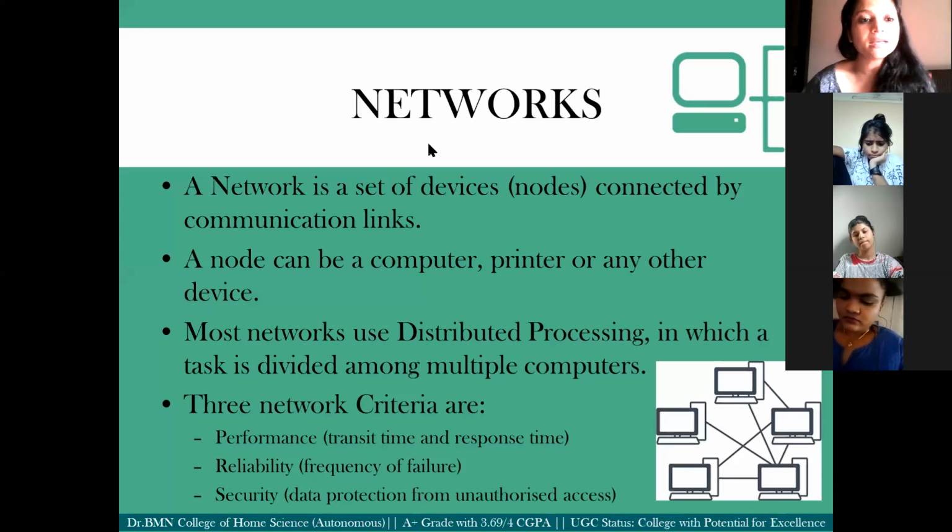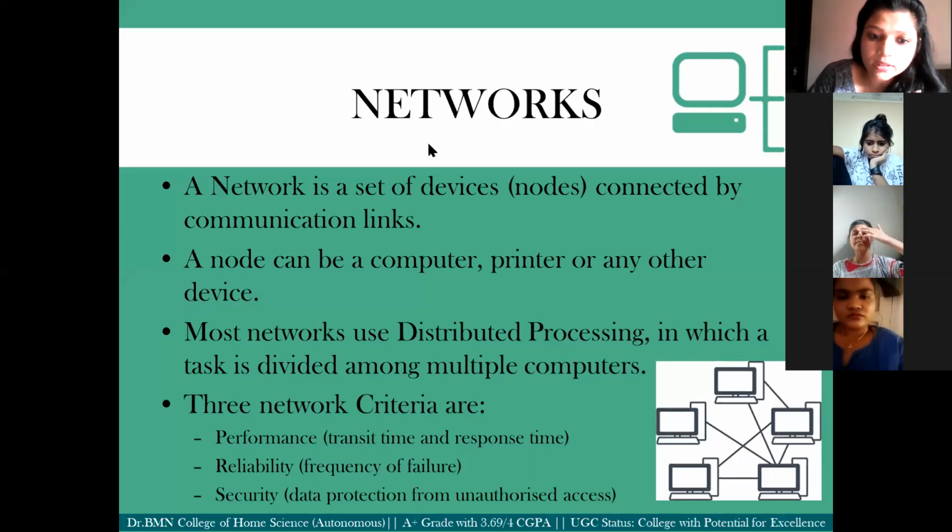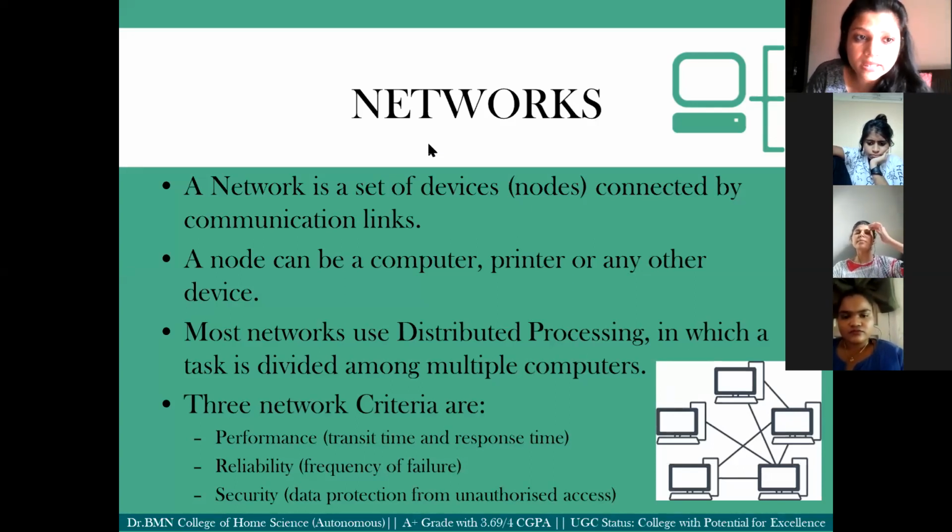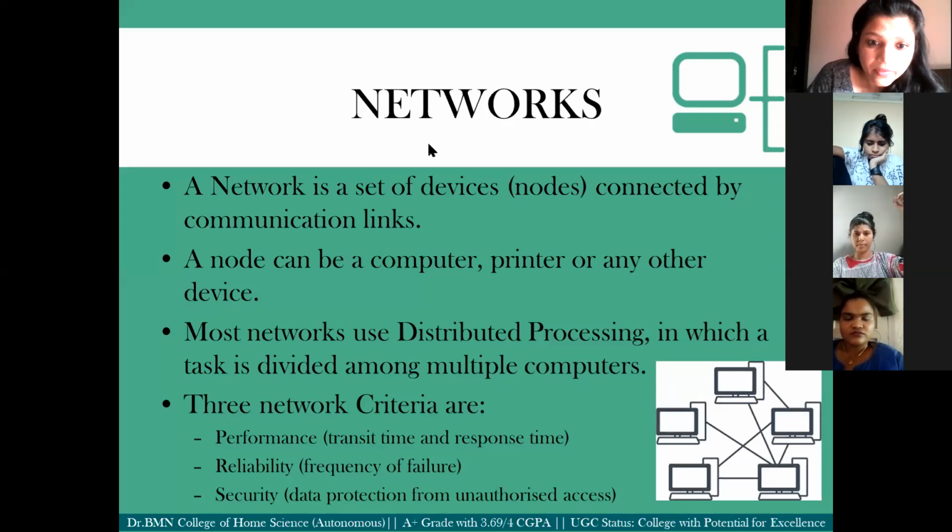So the time it takes for the message to reach the receiver, from the sender to the receiver, that's the transit time. So performance is measured on these two criteria: one is the transit time and the other is the response time. Transit time means the time it takes for a message to travel from the sender to the receiver. Next is the response time.